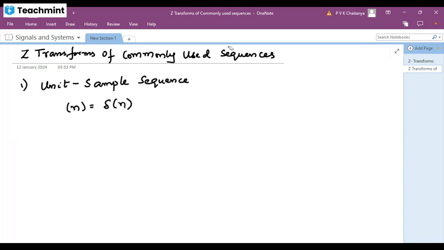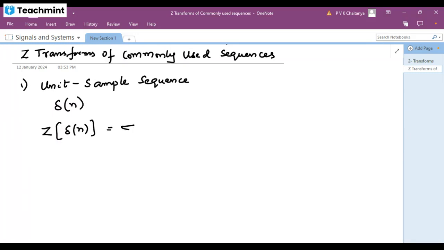So I require the Z transform of del of n. How can we find the Z transform of del of n?